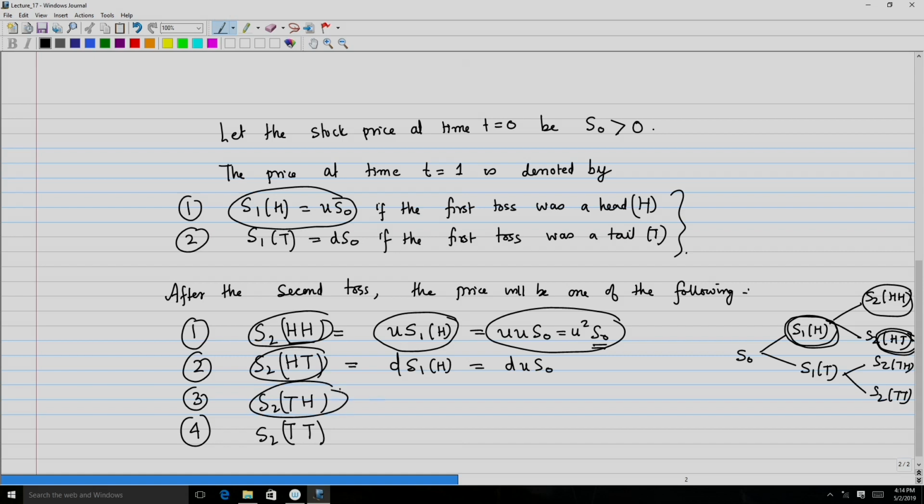Similarly, S2 of TH is u into S1 of T, and S2 of TT is d into S1 of T. Remember S1 of T is d S naught. So this becomes u d S naught, and this simply becomes d square S naught.